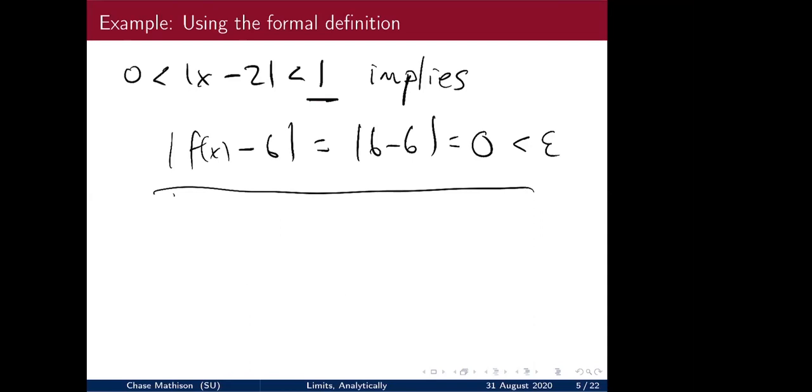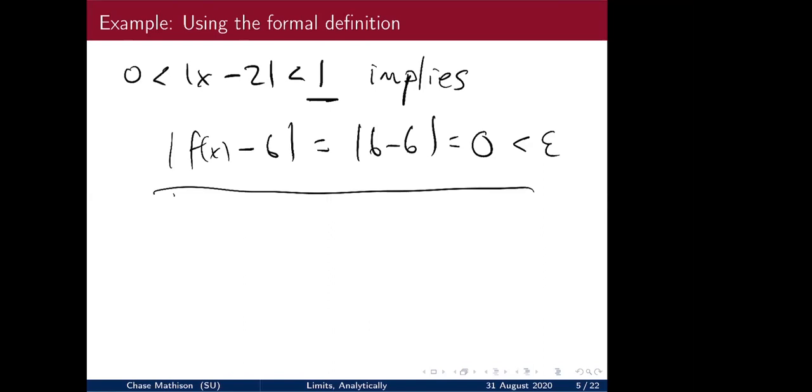Okay? This problem, again, is a little silly, but it seems almost trivial because f of x minus 6 is always 0. But that's exactly what we need for this problem, okay? Are there any questions about this silly epsilon delta proof?